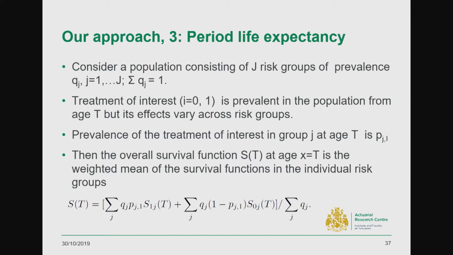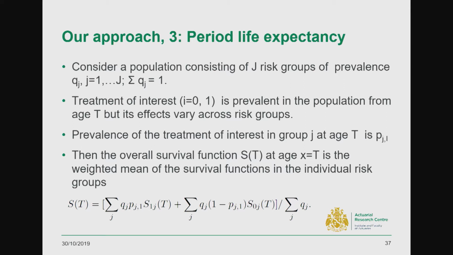So I will have low, medium and high cardiac risk groups, J equal to 3. And my treatment of interest, for instance, can be uptake of statins. So when I equals 0, people are not taking statins, and when I equals 1, people are. Or it can be any other intervention, of course.